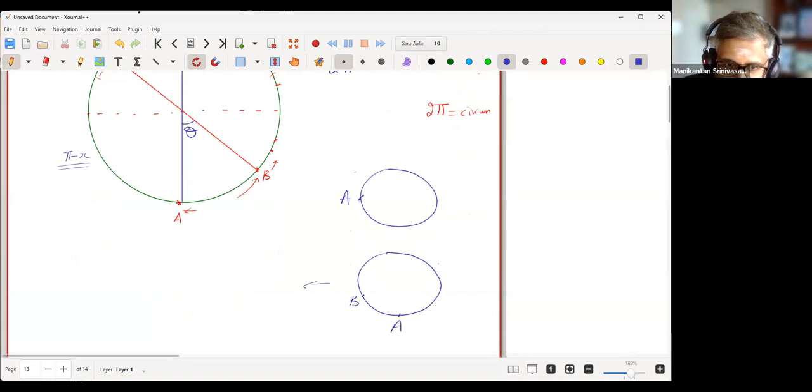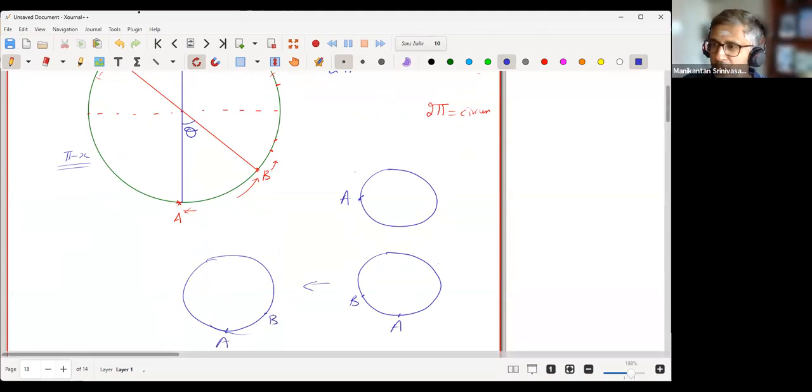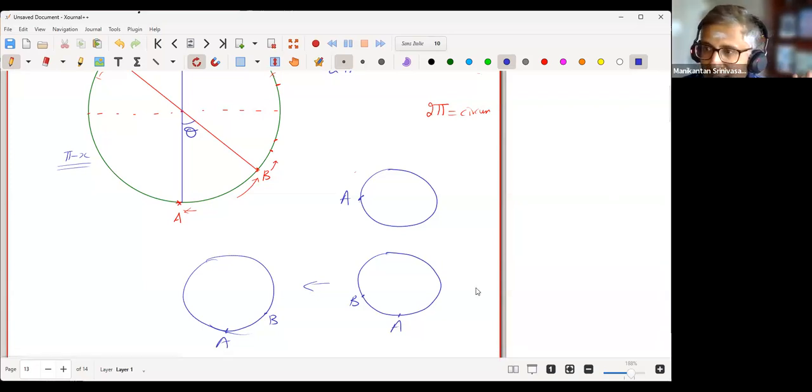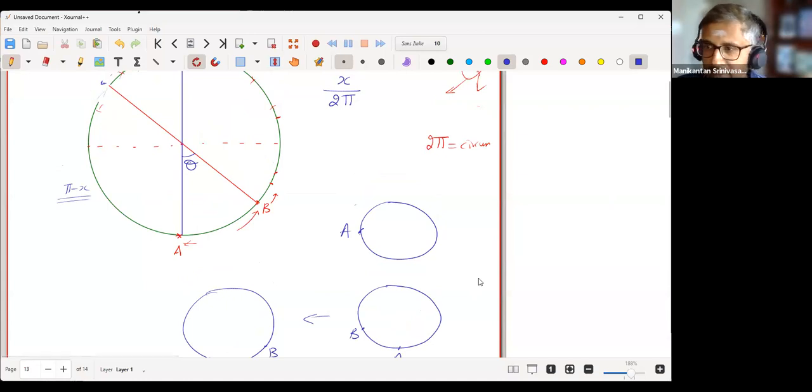I can just flip around the circle like this, such that B falls to my right side. Again, without loss of generality, I can make A the bottom of the circle. I can make B sit on my right side, just for convenience, at a particular angle theta. Now C has complete freedom to lie anywhere in the circle.